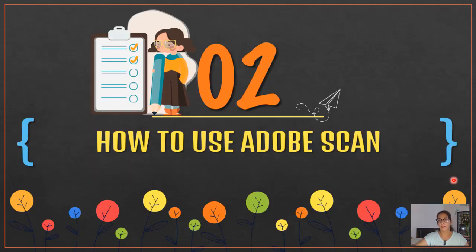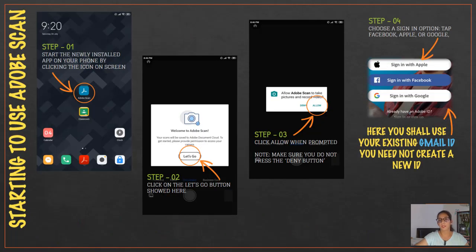Moving on to part 2, once installed, now it is time to use the app as per our requirement. To begin, start the newly installed app on your mobile phone by clicking on the icon on screen. Now click on the Let's Go button as shown here. Click Allow when prompted.